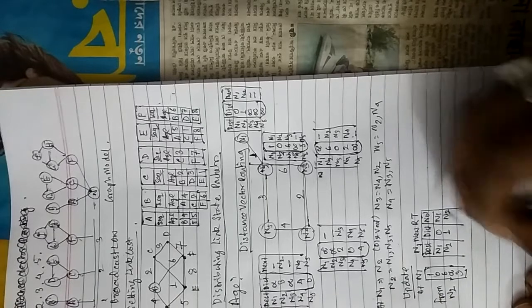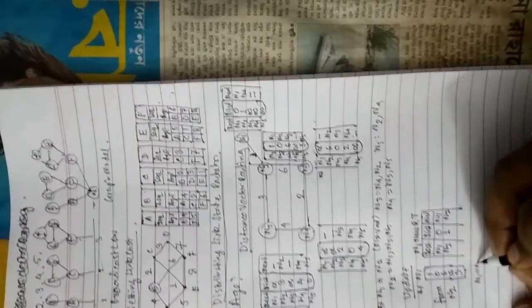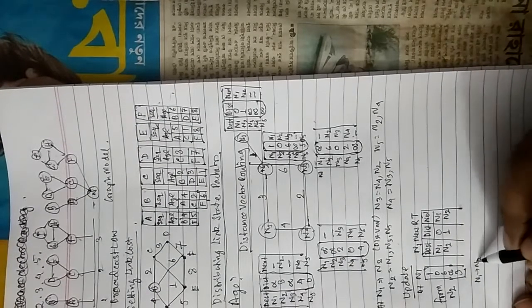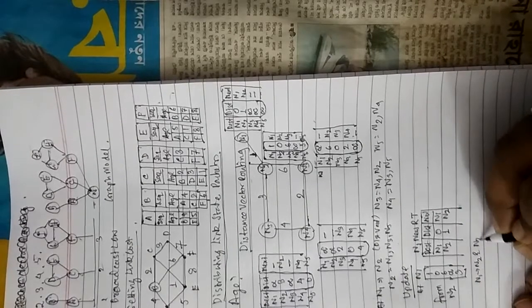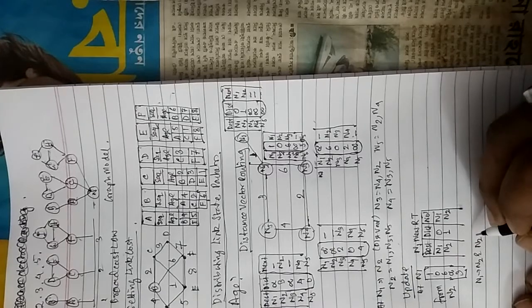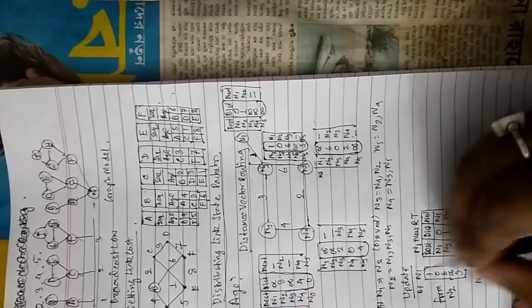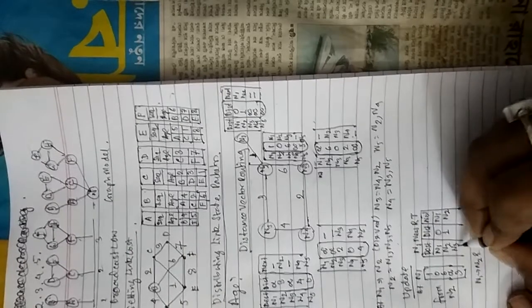Now one thing you have to keep in mind, we will calculate it this way. If you want to go from N1 to N2, how will the cost be calculated? That is the cost from N1 to N2, and from N2 we will add this part. Let us see N3.